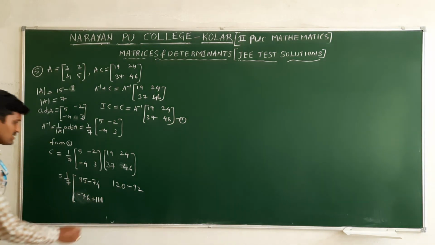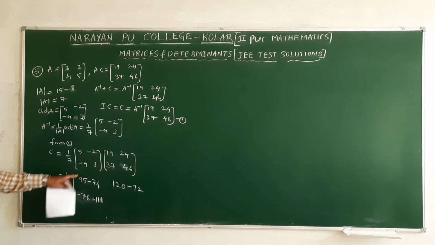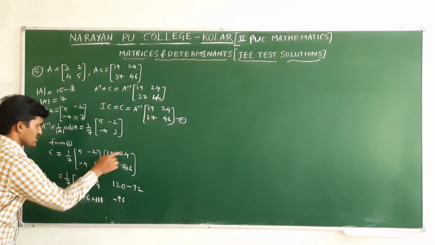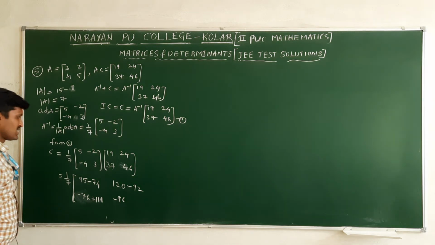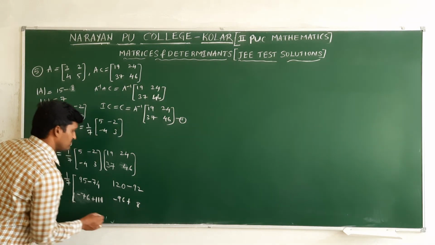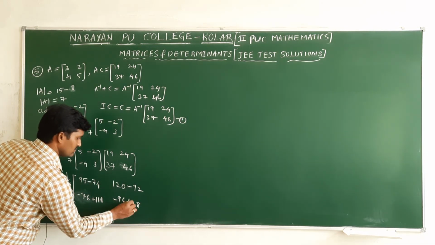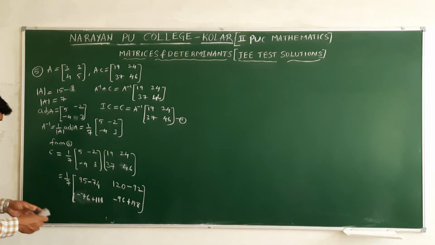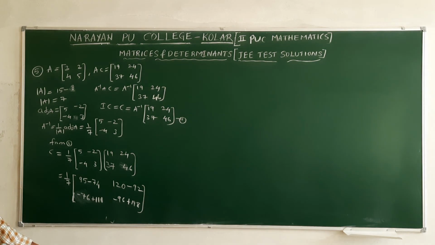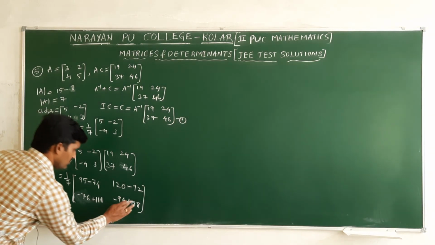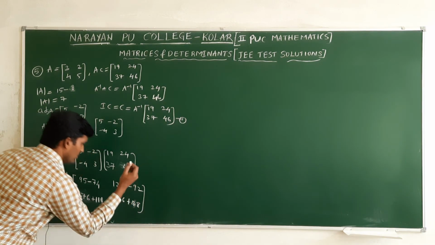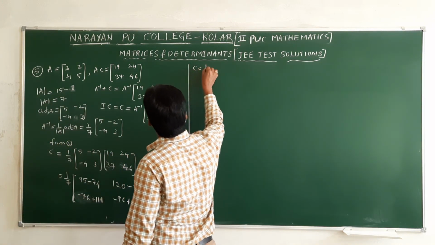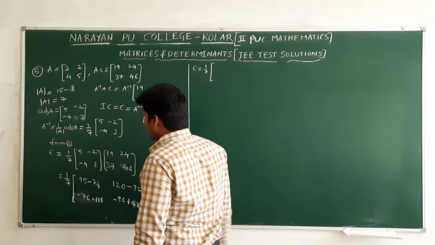Next 3 into 46, that is second row with second column, 138, minus 4 into 24, that is minus 96. From this, C equal to 1 by 7 into, subtract this.